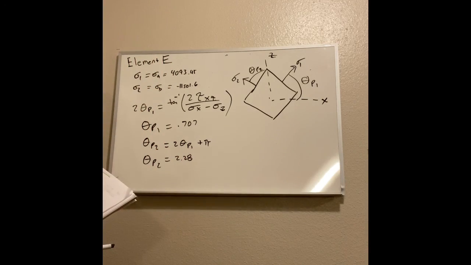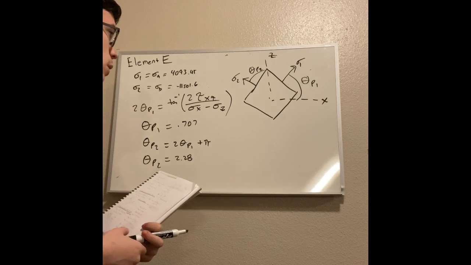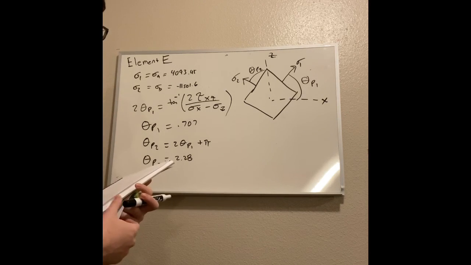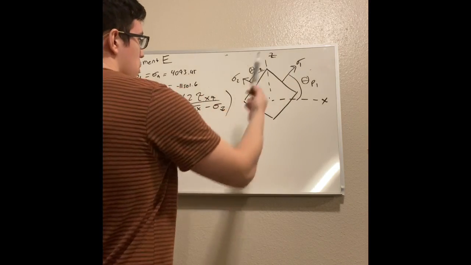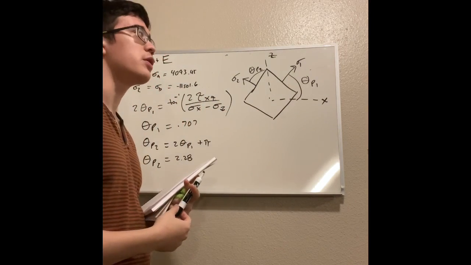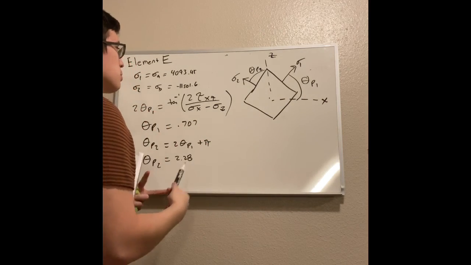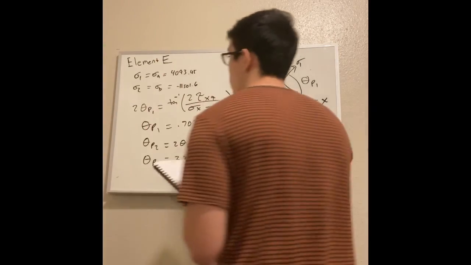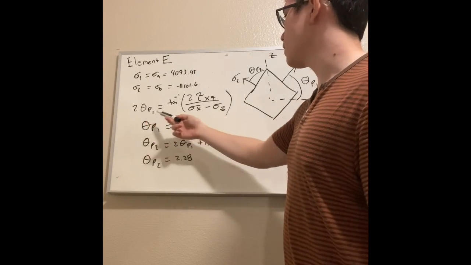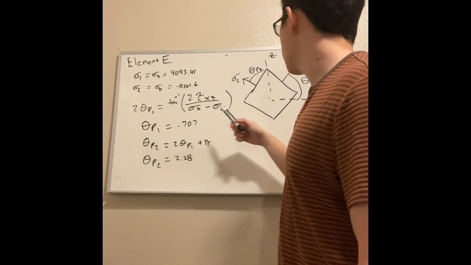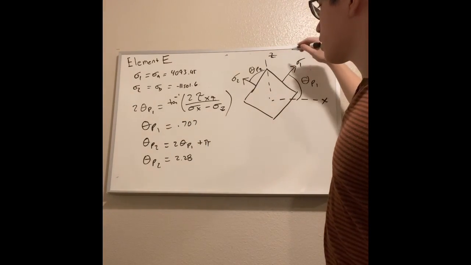So for element E, we now have to find the inclined square orientation. In order to do that, we have to have our principal stresses, which we found in the last question, as well as our angle of inclination, which we'll find here. This is the formula for finding the angle of inclination with the axis of the first stress.